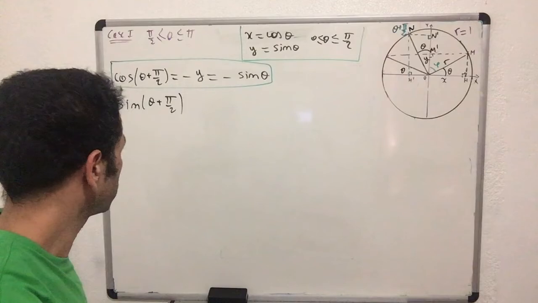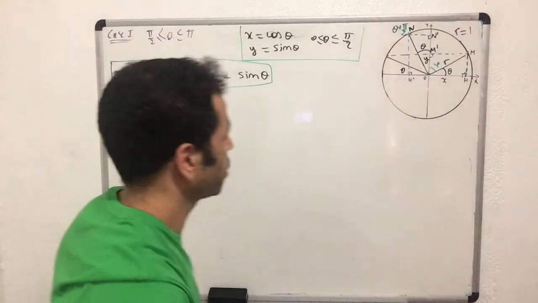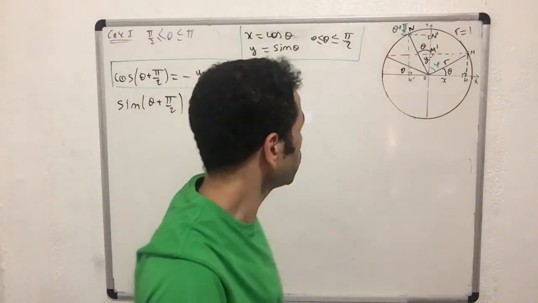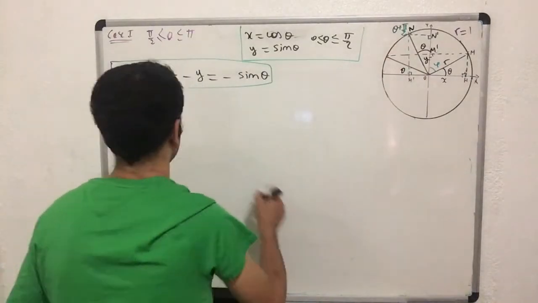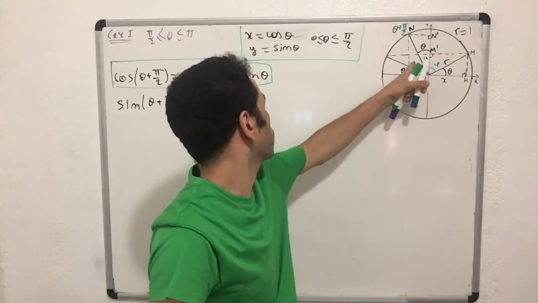Now let's move on to calculate sine of theta plus pi over 2 at the same point. We are doing the same thing that I did before with cosine.